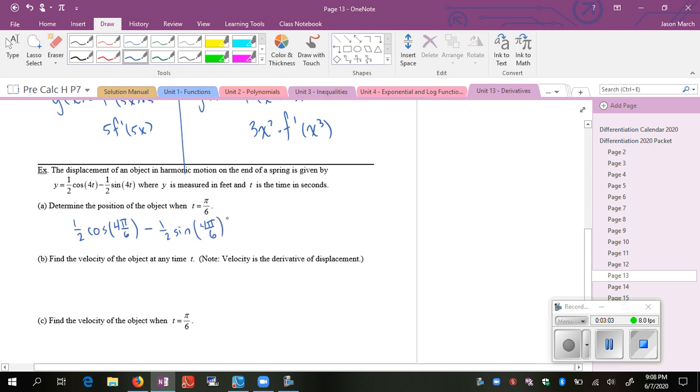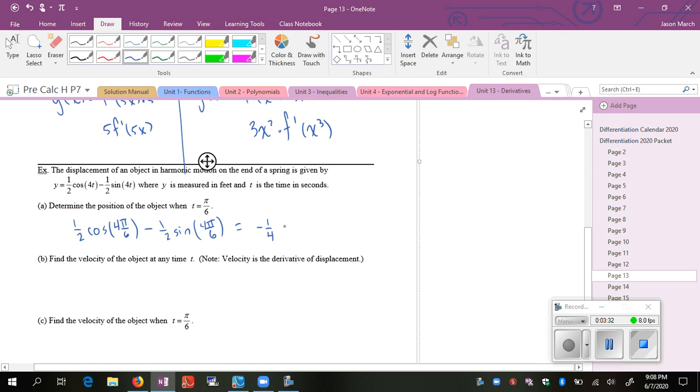If we go ahead and evaluate these, half times the cosine of 4 pi over 6, essentially 2 pi over 3, second quadrant, is going to be negative. So this comes out to be negative a half times another half, so we get negative a fourth, minus half times the sine of 4 pi over 6, or 2 pi over 3.